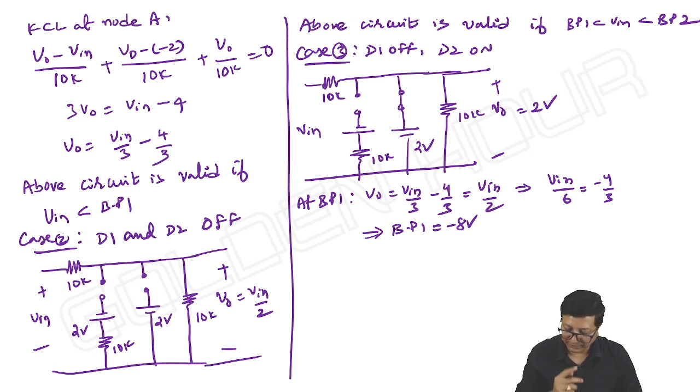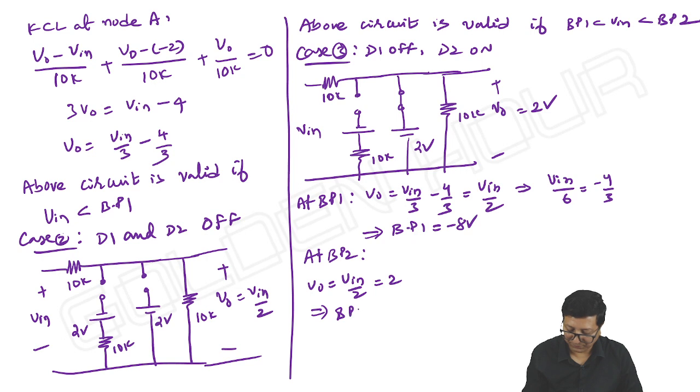Next, at breakpoint 2, output is equal to input by 2, which is also equal to 2 volts.